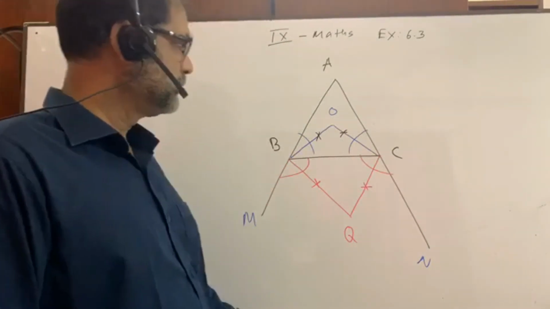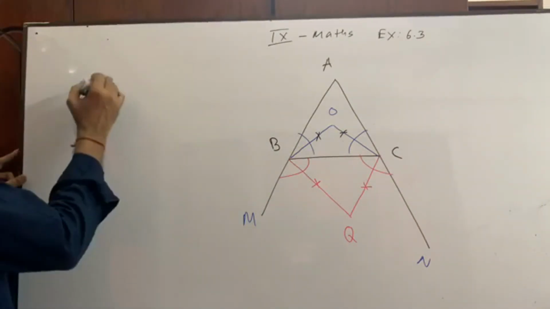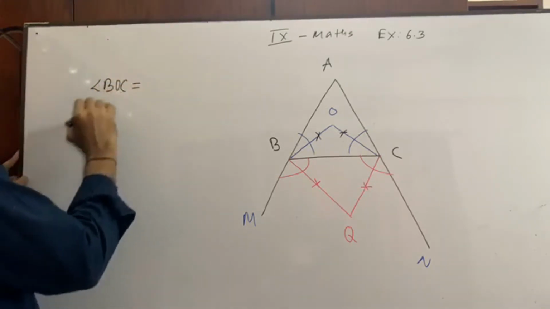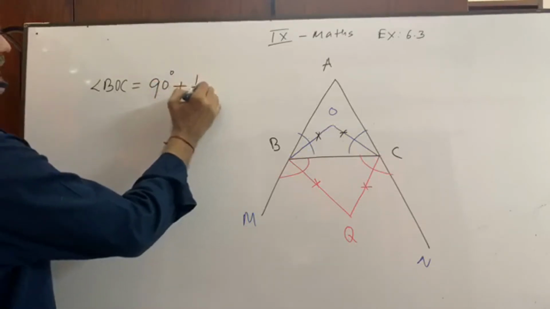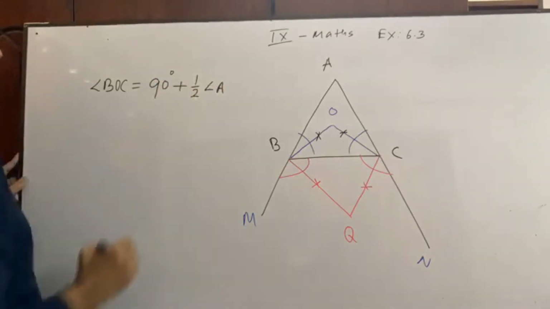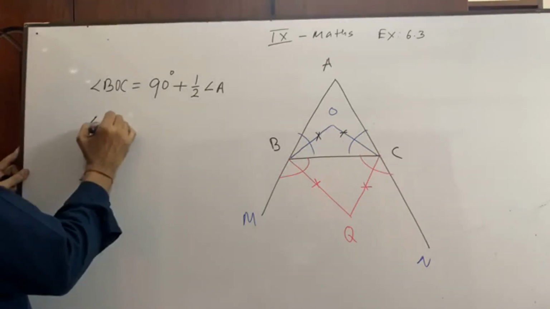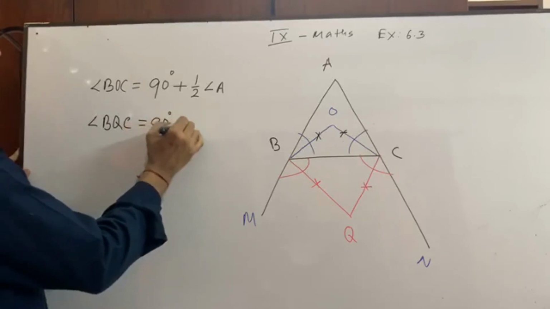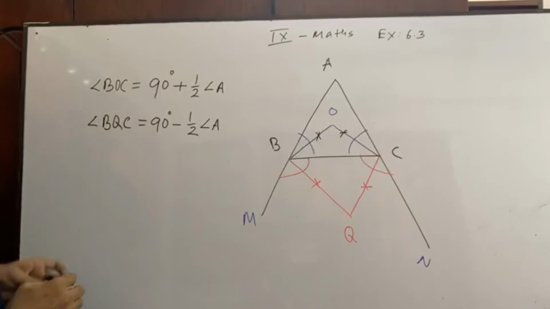Now you see, for the first math we have got angle BOC equals what? Can you remember? Angle BOC we have got 90 degree plus half of angle A, right? Now angle BQC equals what? 90 degree minus half of angle A, is it right?